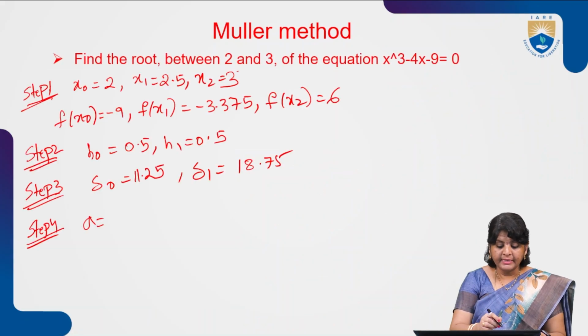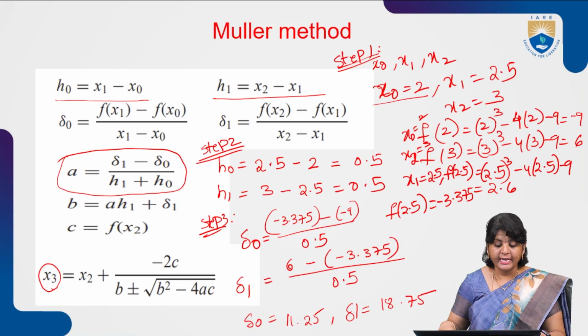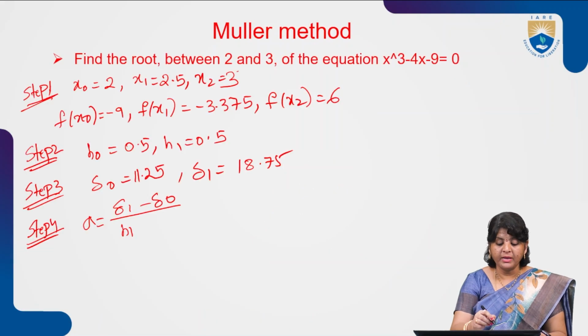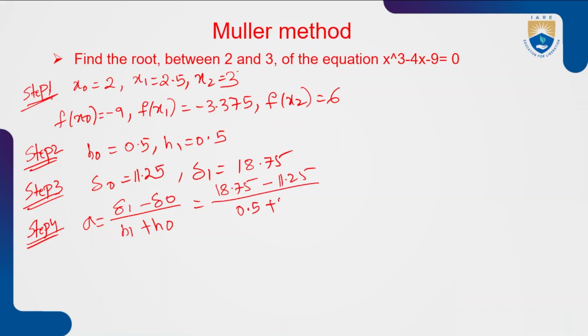Using that formula, A1 we can find out: delta 1 is 18.75, delta naught is 11.25, by h1 plus h0, 0.5 plus 0.5, where this value will be 7.5.